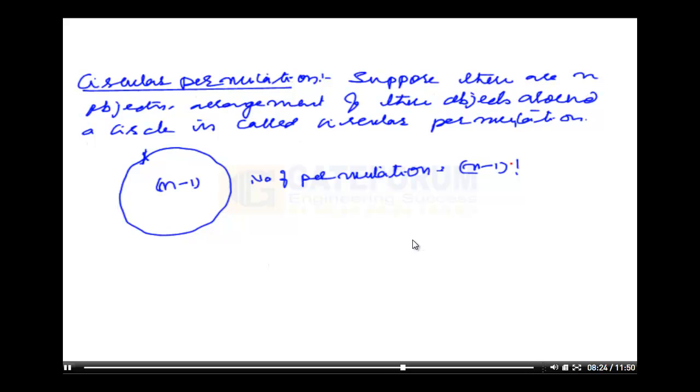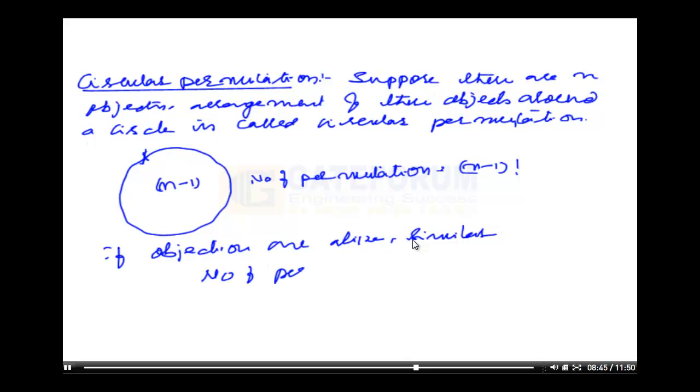Sometimes the objects are similar. If objects are alike, or I can say similar, the number of permutations when you arrange them in a circle is n minus 1 factorial by 2. In the above case, we considered all objects different, therefore we got n minus 1 factorial.